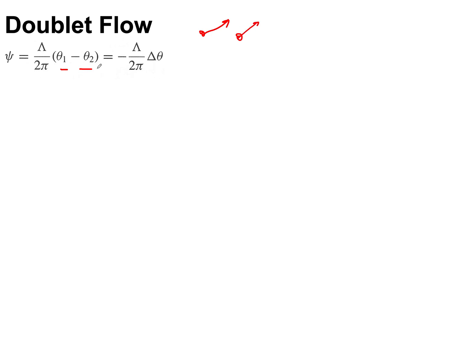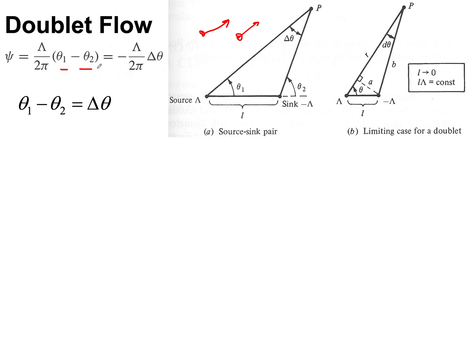So here's what we have: a source and a sink separated by a distance L, and the difference in angle, theta 1 minus theta 2, is the delta theta right over here. You can pick a control point somewhere and find the contribution of the source on that point and the sink on that particular point.